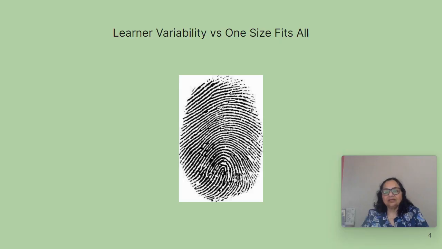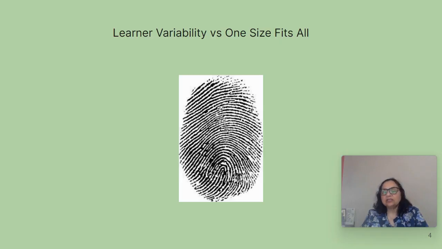Now my question is, we have heard this debate everywhere, right, learning variability and one size fits all. Let's think about it. Our fingerprints are not the same, our brains are not the same, our background knowledge is not the same, and whatever information we have processed so far is not the same.